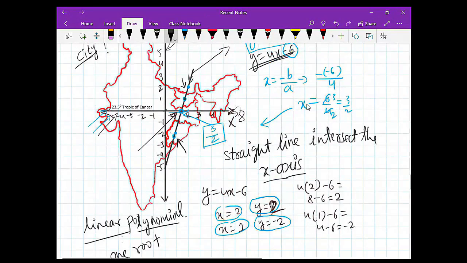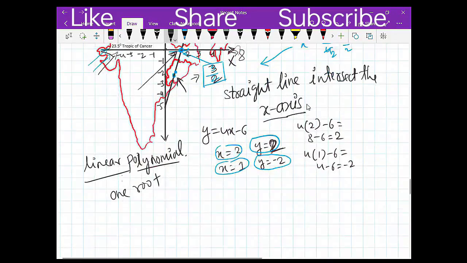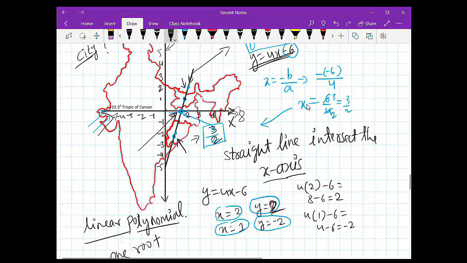For this equation the intersecting point is 3 by 2. This is all about the geometrical meaning of the zero of a linear polynomial, a straight line.